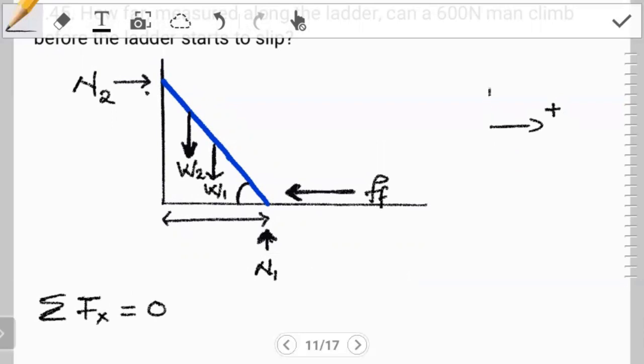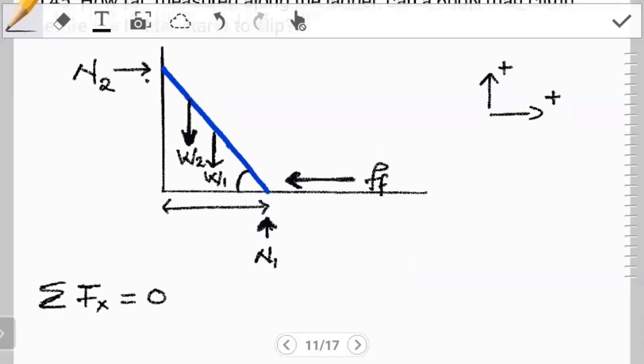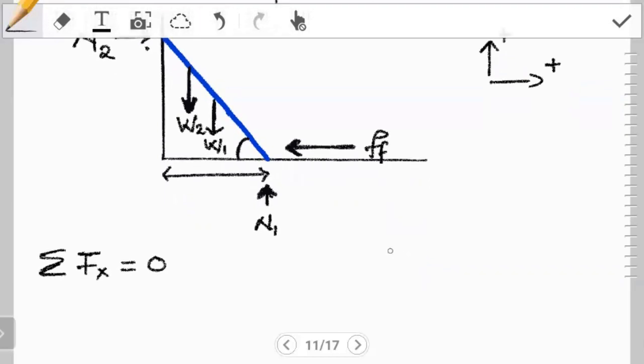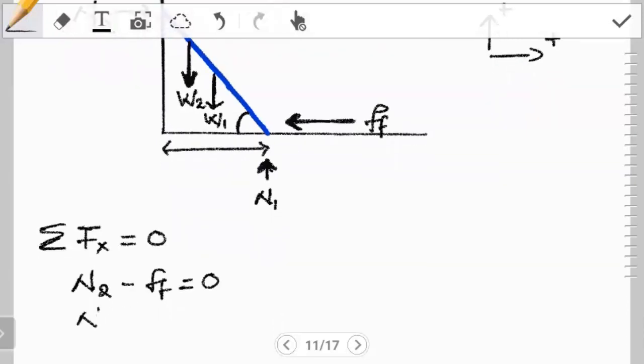And I'm also going to take up to be positive and down to be negative. So in the x, there are two forces, force of friction to the left, N2 to the right. So we have N2 minus force of friction. These must sum up to 0. And then we see clearly that N2 is equal to force of friction.